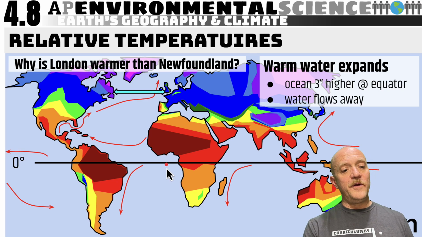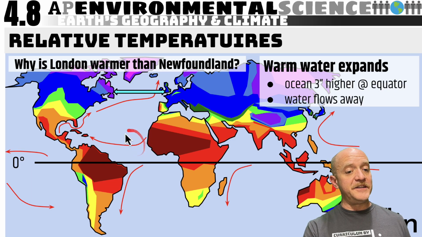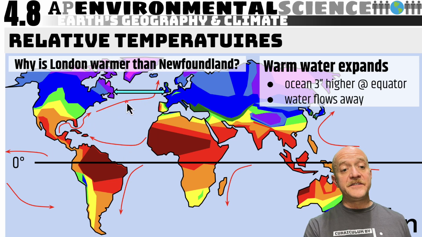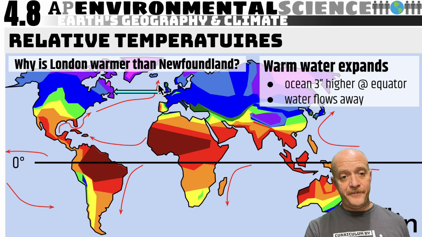Now, eventually, following in the Atlantic, a lot of our Atlantic hurricanes originate over here. They blow this way, and this is exactly what I talked about in a previous video. But we have these relatively warmer currents blowing from the eastern coast of the United States or North America, going across the Atlantic Ocean and hitting the western part of Ireland and the United Kingdom.